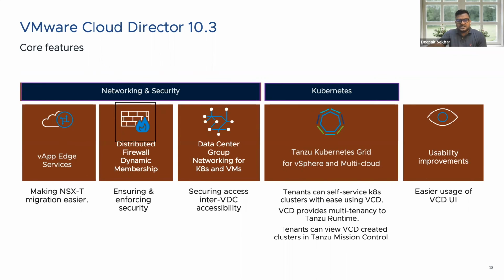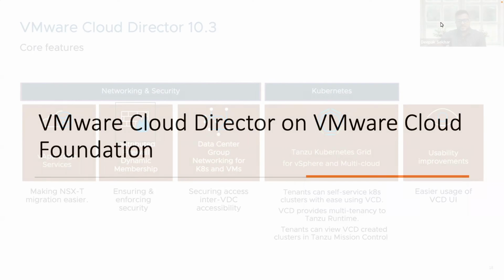Also, VCD Tanzu clusters can now be supported by the Tanzu Mission Control SaaS service, making VCD a Kubernetes endpoint for hybrid environments. Lastly, VMware Cloud Director has made some usability improvements, making searching and shortcuts easier to use.